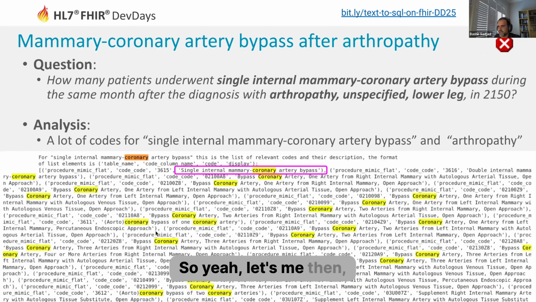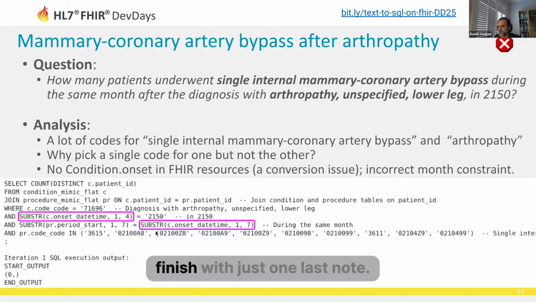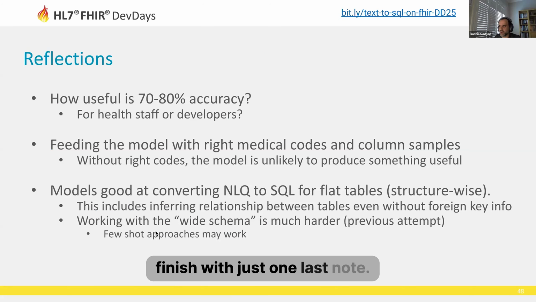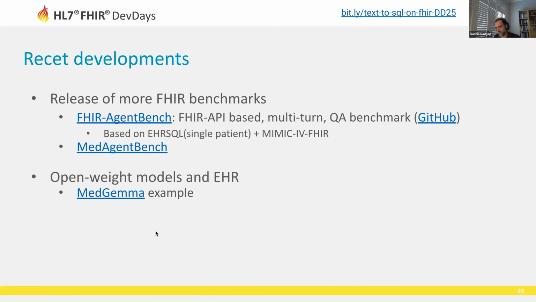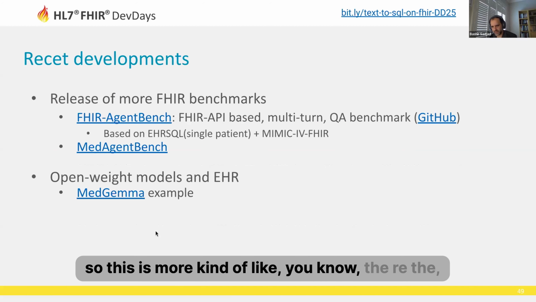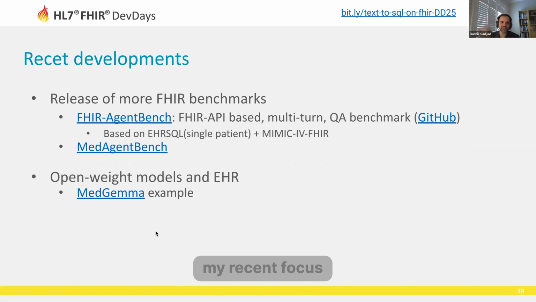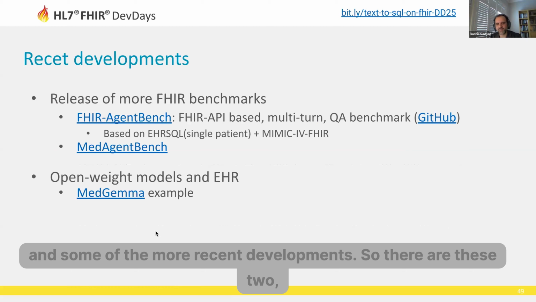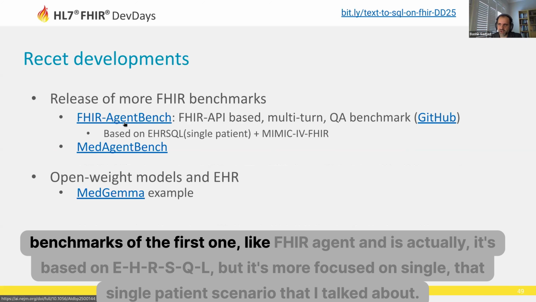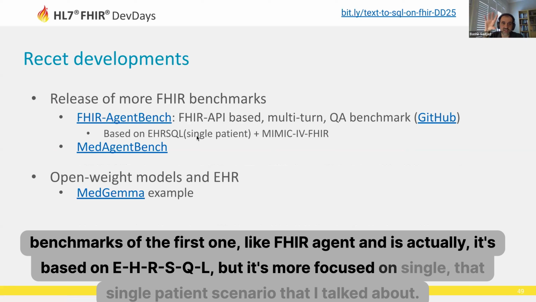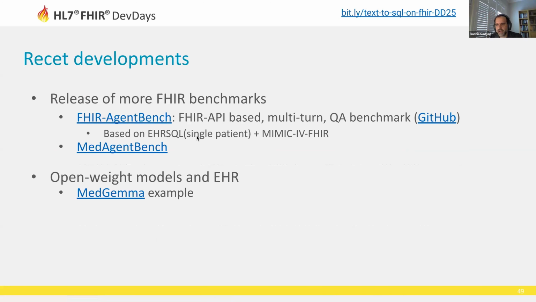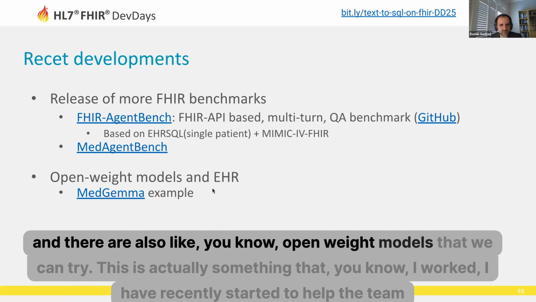Let me then finish with one last note, which is more about my recent focus and some of the more recent developments. There are these two benchmarks. The first one, FHIR agent bench, is based on EHRSQL, but it's more focused on the single patient scenario that I talked about. And there are also open weight models that we can try.